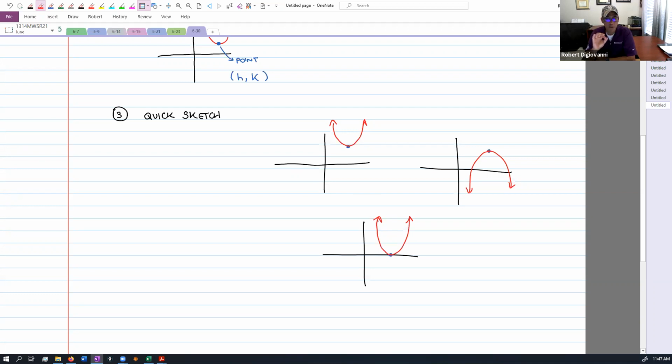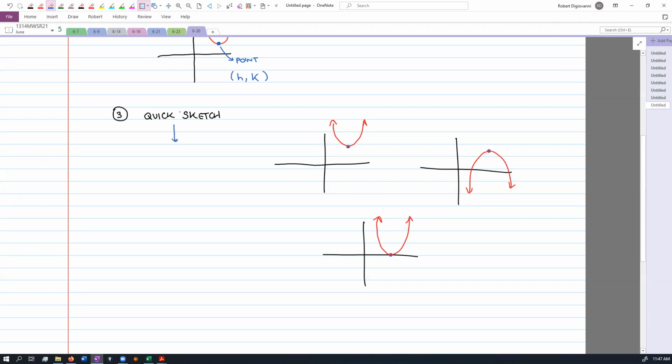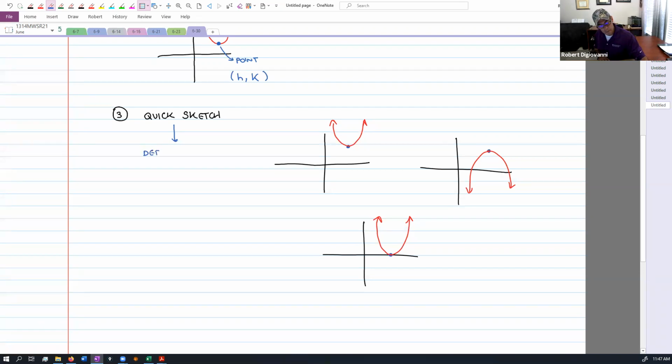So if you do a quick sketch, what is that going to be able to determine for you? Yeah, the whole purpose of doing a quick sketch is to determine the number of x-intercepts.